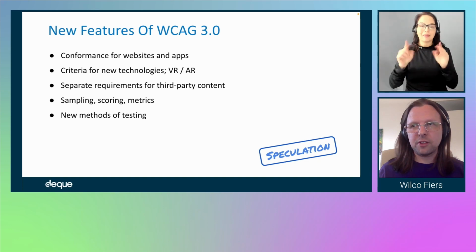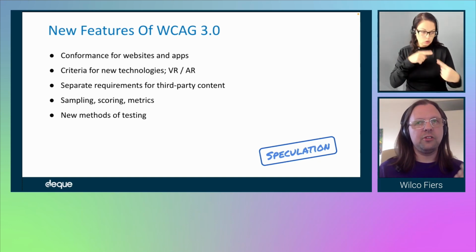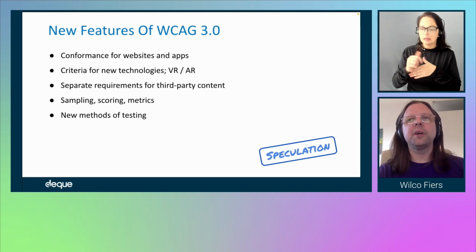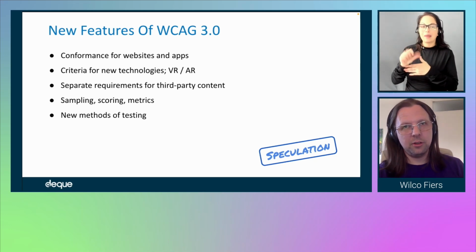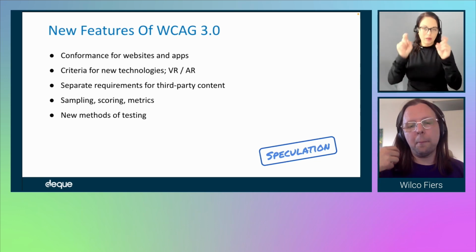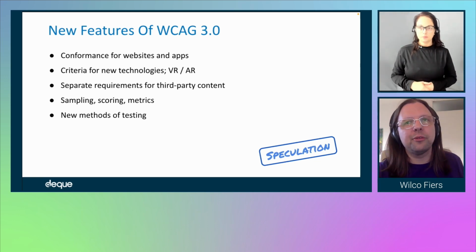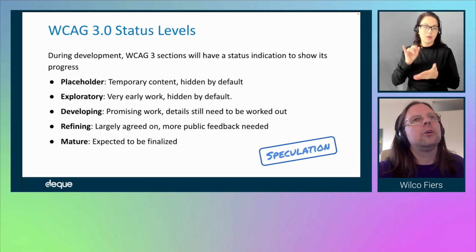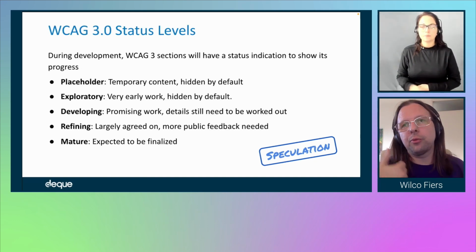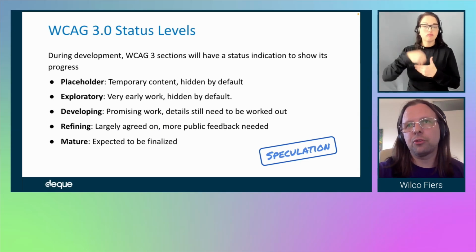One of the reasons that we're struggling with these additional disability needs is because of the way WCAG 2 is currently being tested. We're exploring different ways of testing. And I'll have one example of that in a minute. One of the things that are likely going to make it into WCAG 3's next draft is status levels.